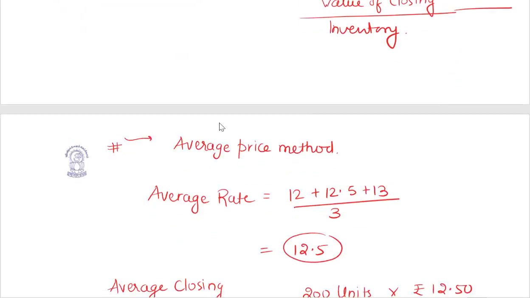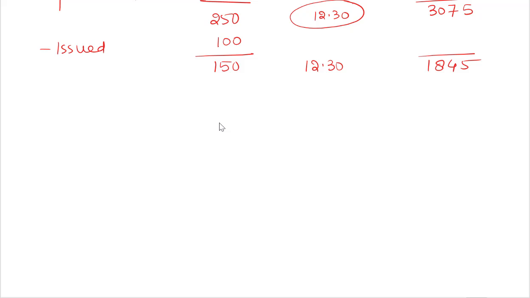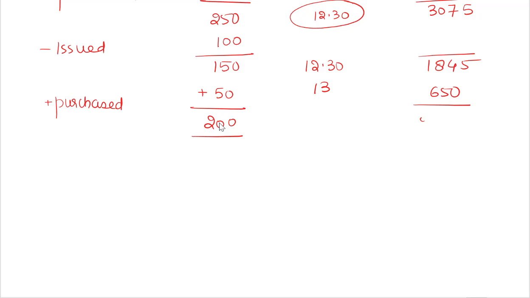Now purchase 50 units at 13. So 50 multiplied by 13 equals 650. 150 plus 50 is 200. 1845 plus 650 is 2495.